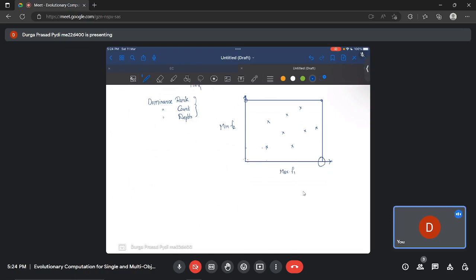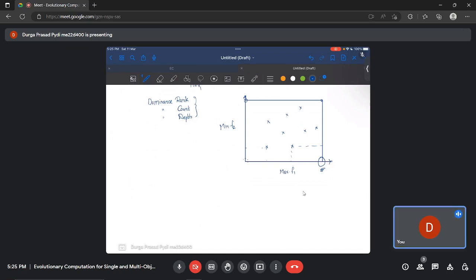So it should be somewhere towards the right bottom corner, somewhere here. Then your rectangle will be horizontal, something like this.